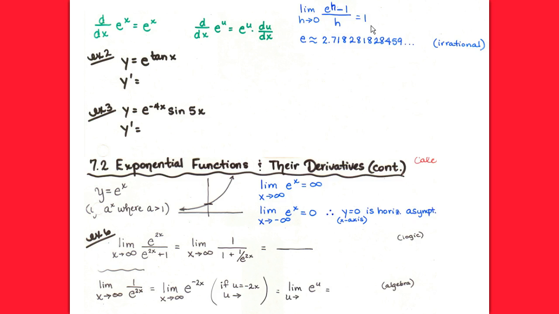The geometric significance of this is that the slope of a tangent line to the curve y equals e to the x at any point is just equal to the y-coordinate of that point. So that's important, that last statement. It's the last sentence right above example 2 on page 422.